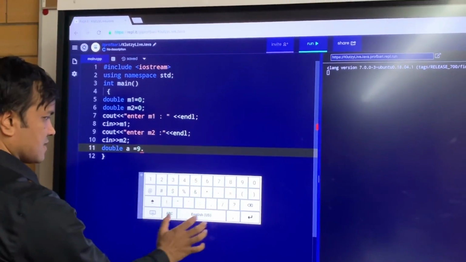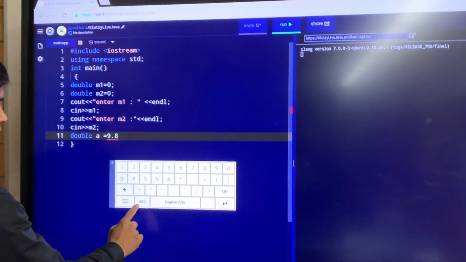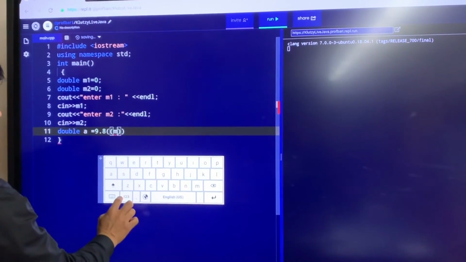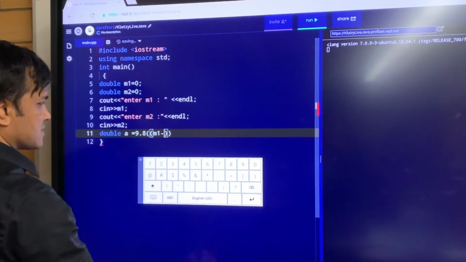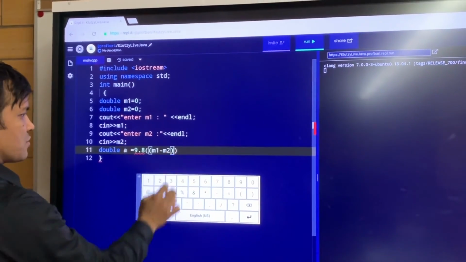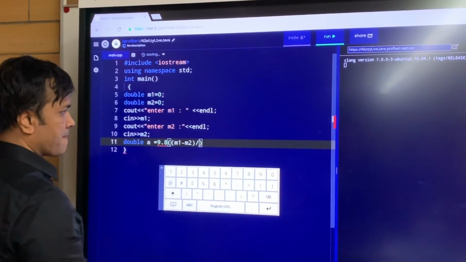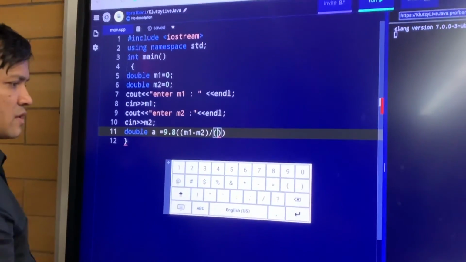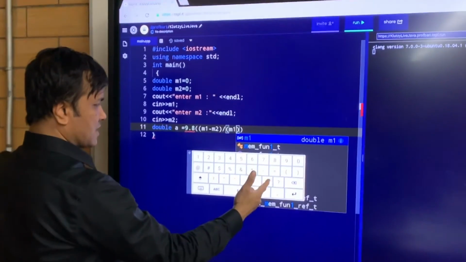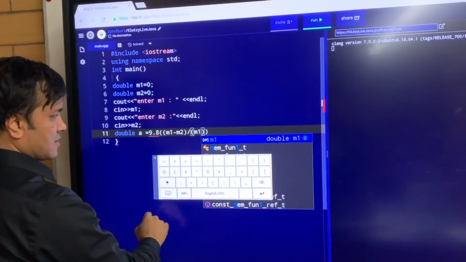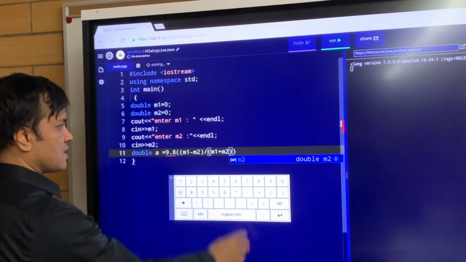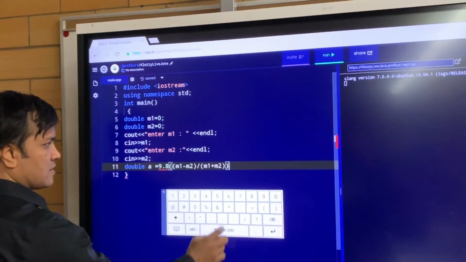Then parentheses, M1 minus M2, and then of course the divide sign, and then parentheses again, M1 plus M2. Once we have that, we must have a semicolon at the end.